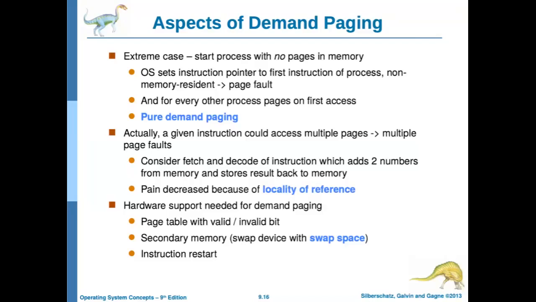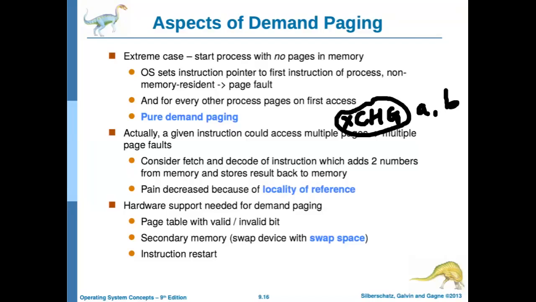Okay. Now, as I mentioned, a given instruction could access multiple pages. So maybe a single instruction will result in multiple page faults. For that, I just mentioned this instruction XCHG, exchange, where content of memory address A, B. Now XCHG is the instruction. So this is coming from the text region, code segment.